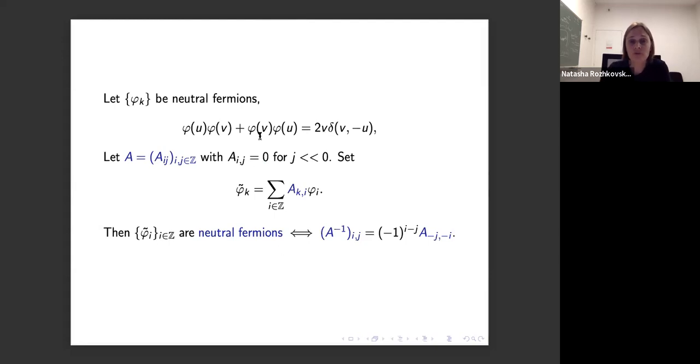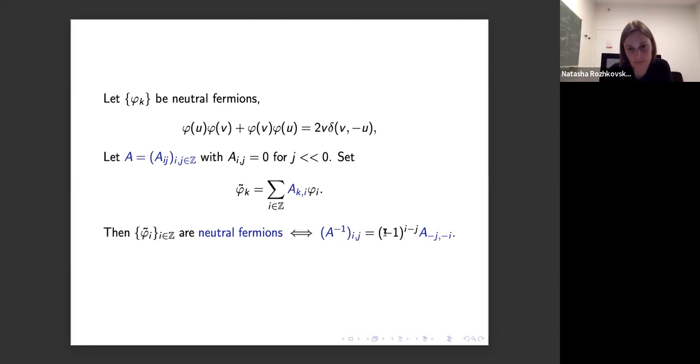Or if you have neutral fermions, this kind of relation, and you decided to make this simple linear transformation, then if you want to keep the relation, you have to have your matrix with this kind of inverse, so that it has a symmetry with its inverse.